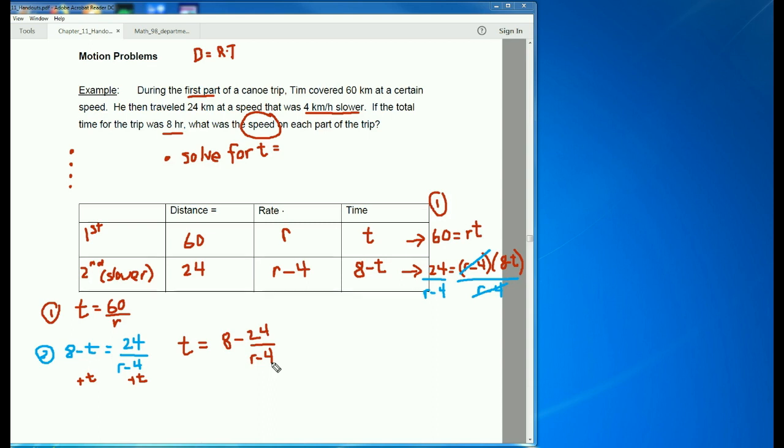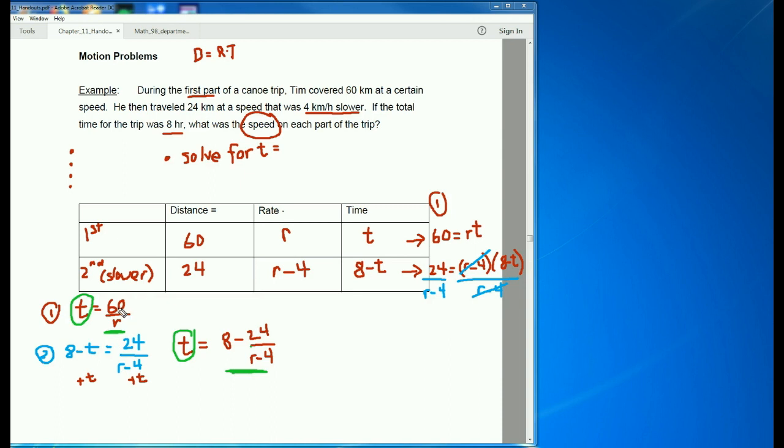All right, so now do you see that I've got t equals stuff and I've got t equals stuff. So we're just going to take this stuff and set it equal to this stuff because they both equal t. They're the same.